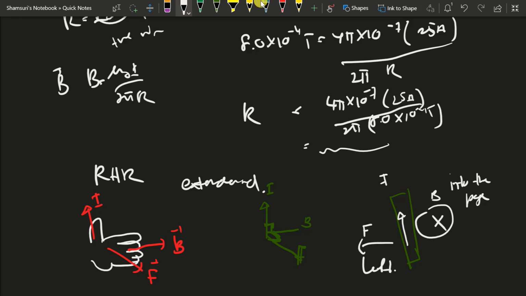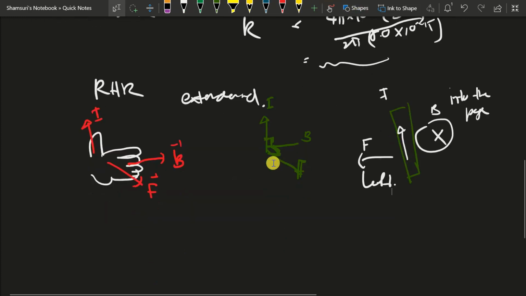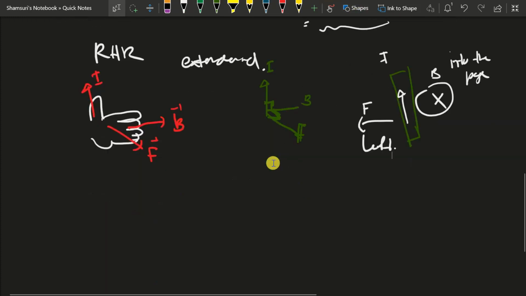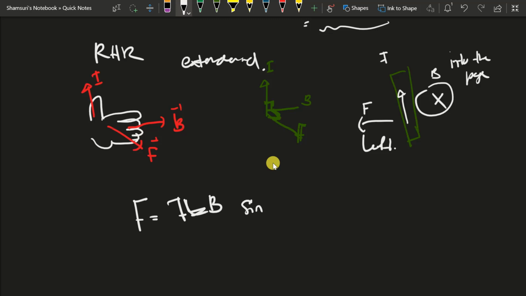And then we know that the formula is given by F is equal to I L B sine theta.